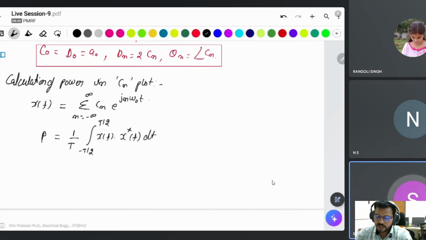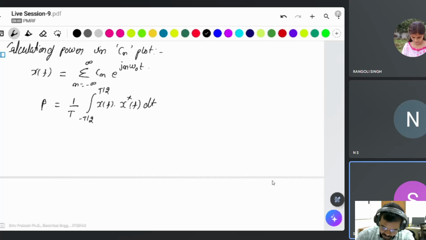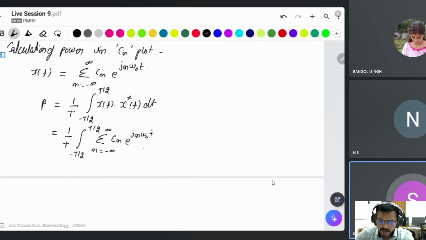If there is only a real function, then x(t) squared. So, 1 by T, integral from minus T by 2 to T by 2 of x(t), which is the summation of Cn e to the power of j n omega naught t, into the second summation, replaced by the conjugate, Cn e to the power of minus j n omega naught t, dt.